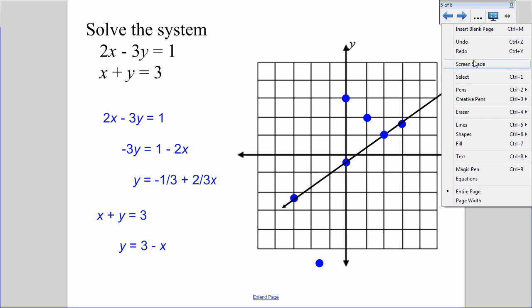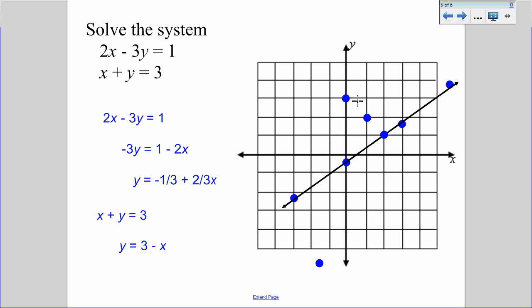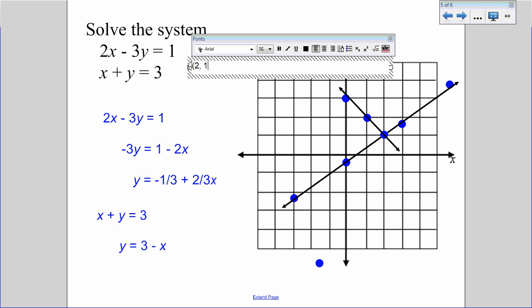So I'm going to draw on that line. And we can see we have our solution right there. So our solution is 2, 1.